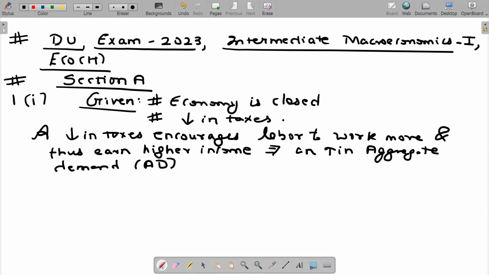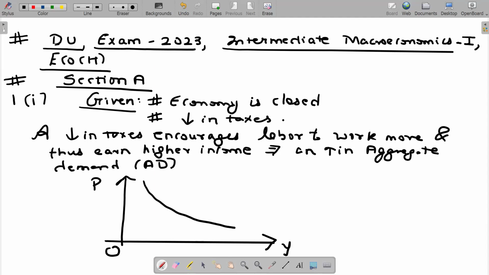So what will happen? If I draw the aggregate demand, aggregate supply space, this is Y, this is price, P, this is my aggregate demand, this is my aggregate supply in the medium run. Remember, the aggregate demand is drawn for a given level of autonomous expenditure. Aggregate supply is drawn for a given level of expected price.